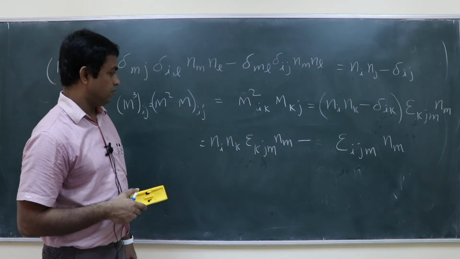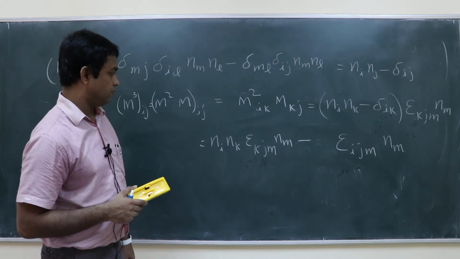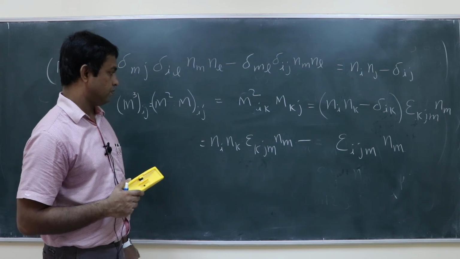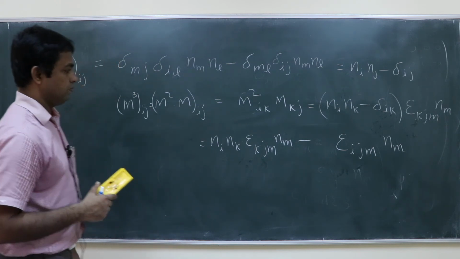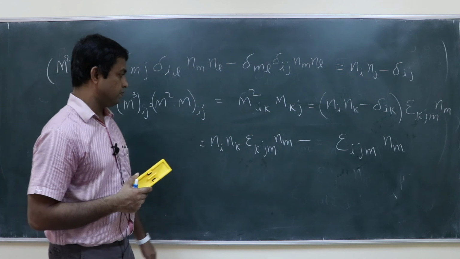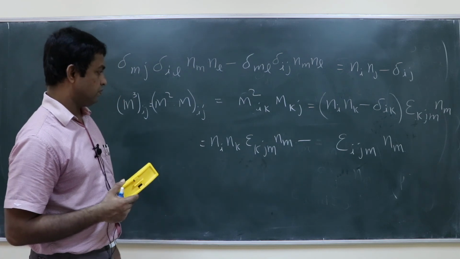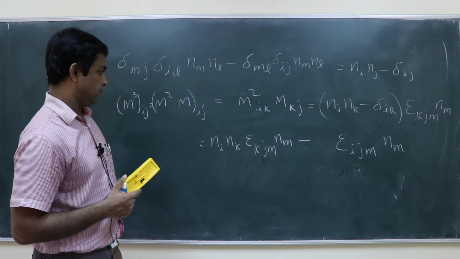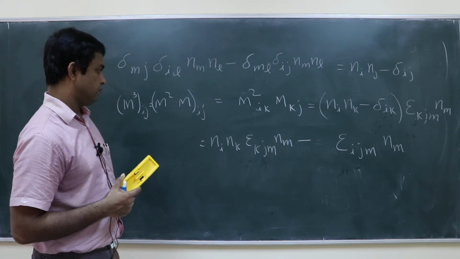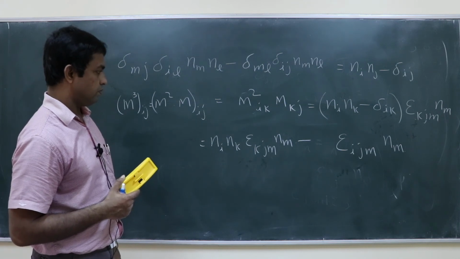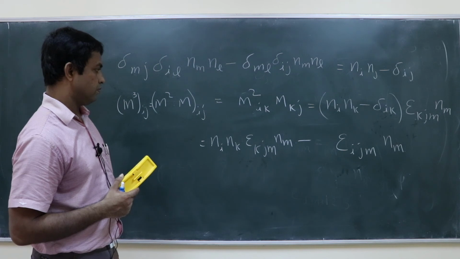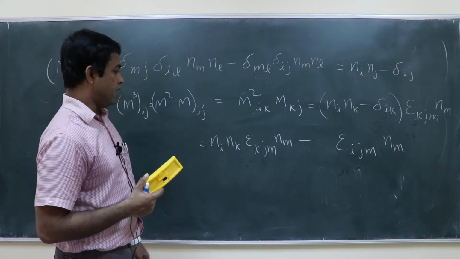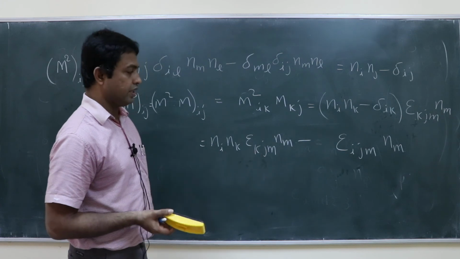Sir, because there will be 6 terms and all the terms will cancel each other. For example, the 2j3 term and the 3j2 term will cancel each other out. Similarly, if k and m are same, then it will be 0 as it is. Yeah, because k is summed over, m is summed over, and I and j are free indices.